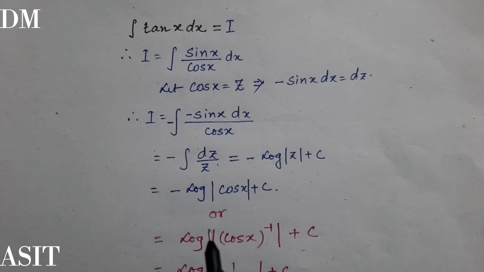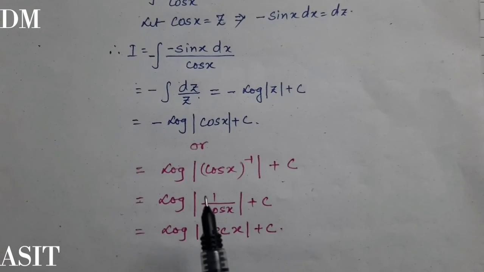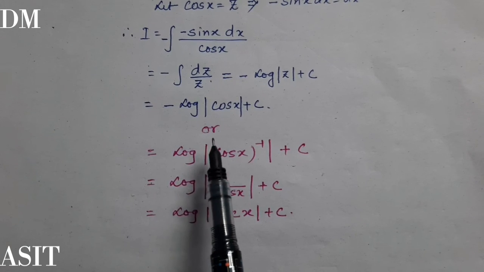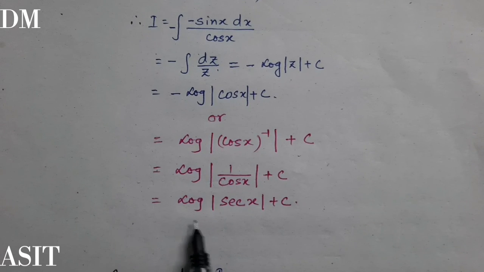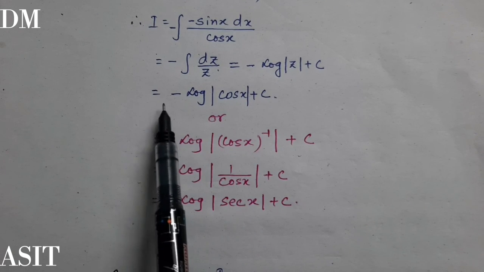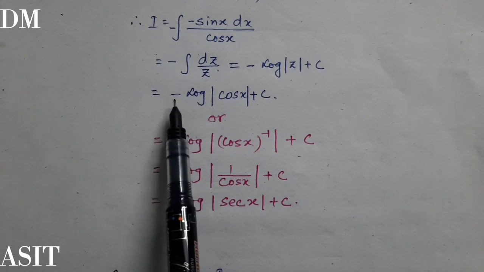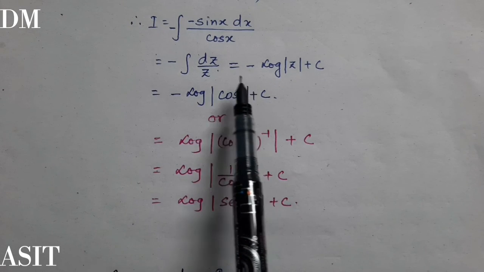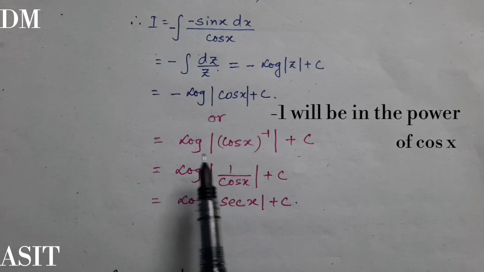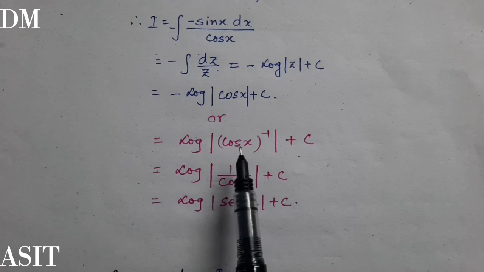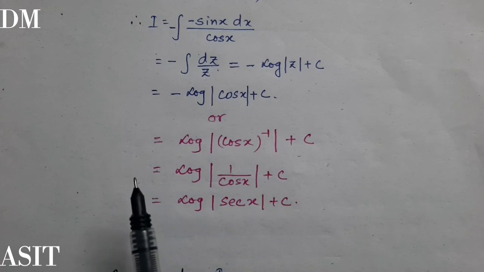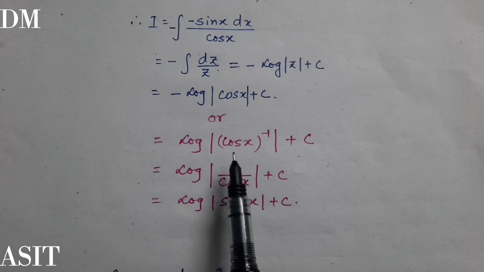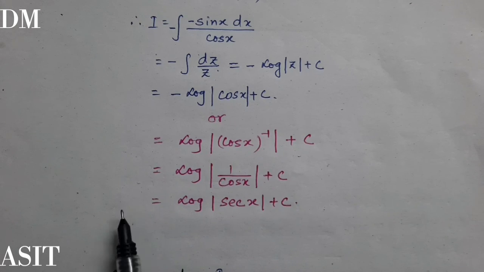Now for the second part of this integral, we have to prove this as log of mod secant x. Now there is a minus 1 multiplied with the log, so this minus will go as a power on cos x. So we can write log of mod cos x whole to the power minus 1. Now this one is not cos inverse x, so this is cos x whole to the power minus 1.